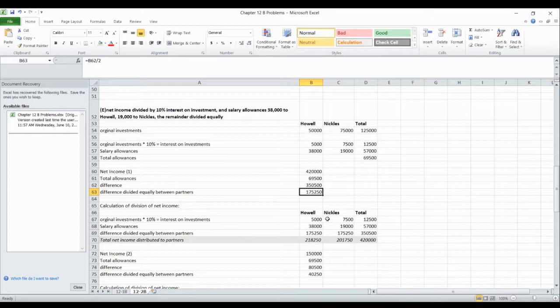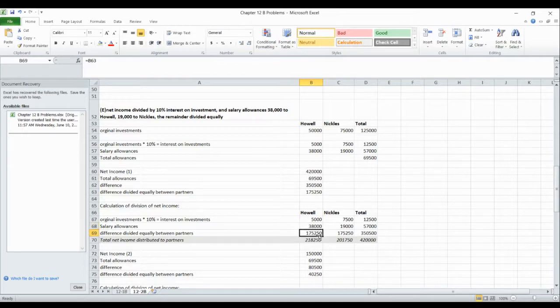Now in this part, I just restated what we had to try to get it in a better format for you to see all of this. So I'm going to start with the original investments, which was 10% on the original investment. For Nichols, that was $5,000. We gave Nichols a salary allowance of $38,000 that was given in the problem.